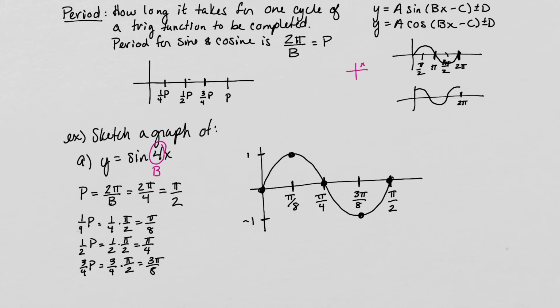So this first point here is the point 0, 0, right? I'm 0 on the X and 0 on the Y. This point here, on the X I'm at pi over 8, and on the Y I'm at 1.